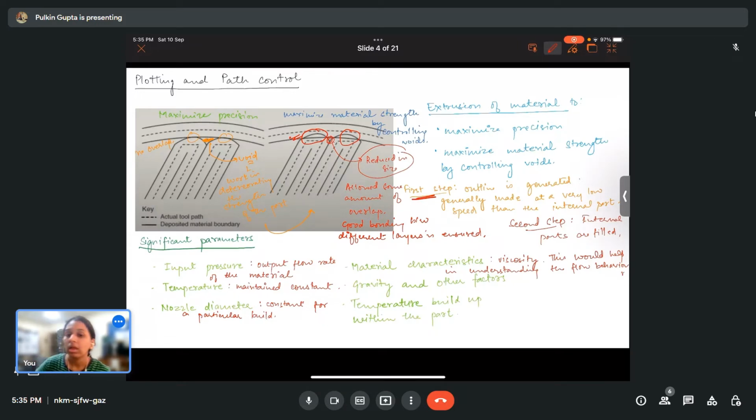If you know the flow behavior, you can predict how the material will act.